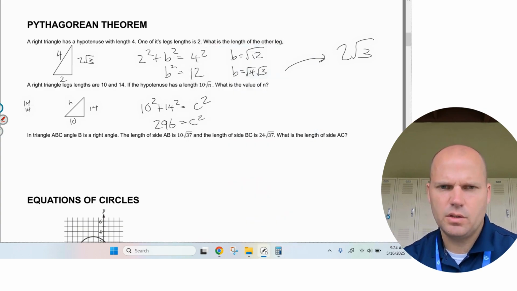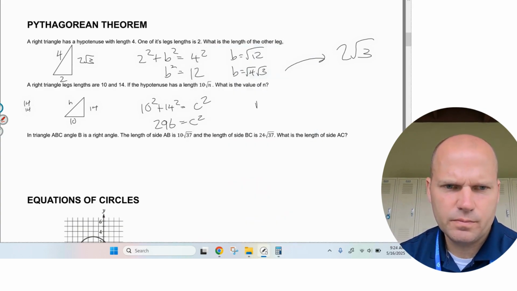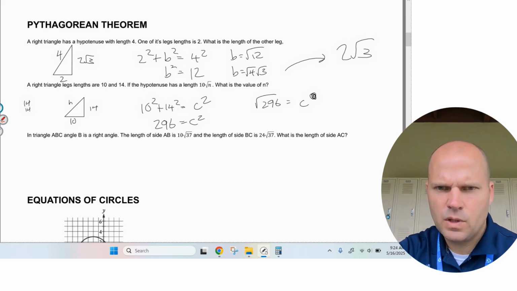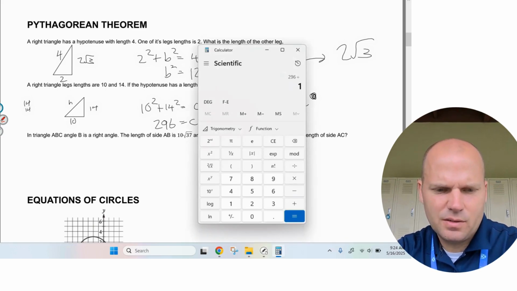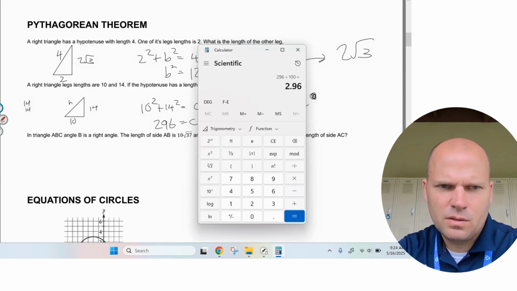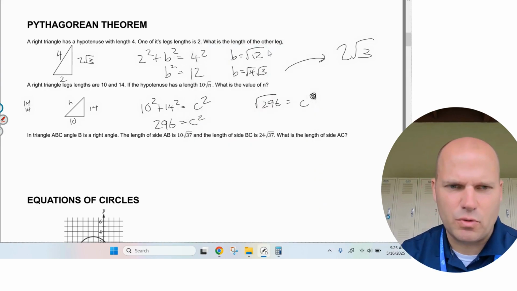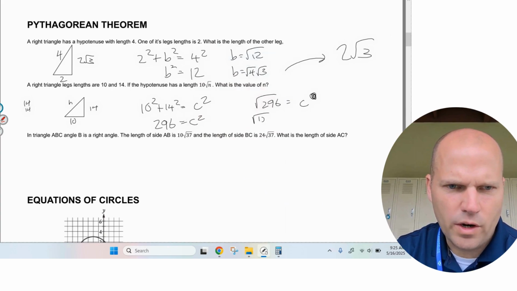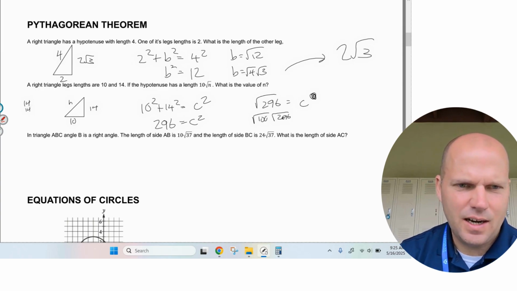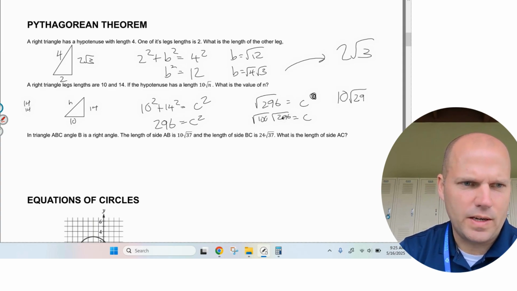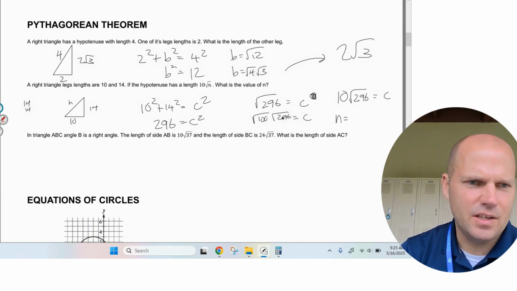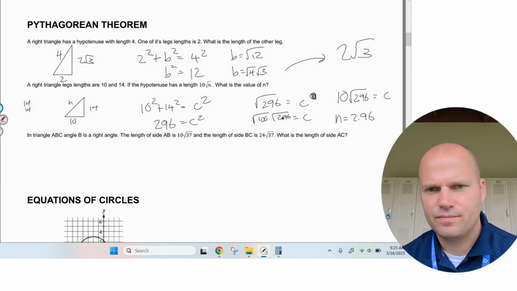I don't think this is true. You can divide that by 100. I mean, maybe they want you to say this is root 100, root 2.96. I mean, let's just go with that. If this is the question, this is the answer. 10 root 2.96.